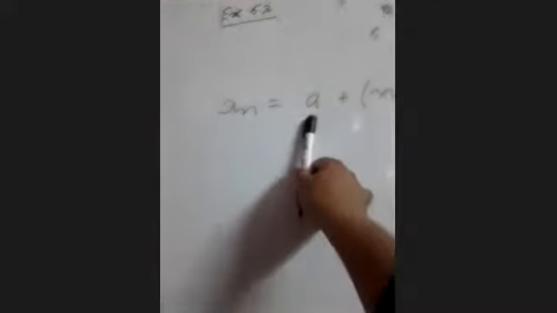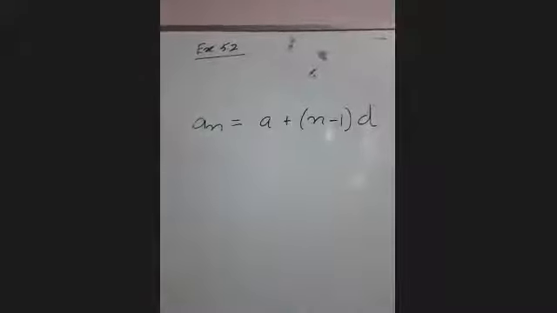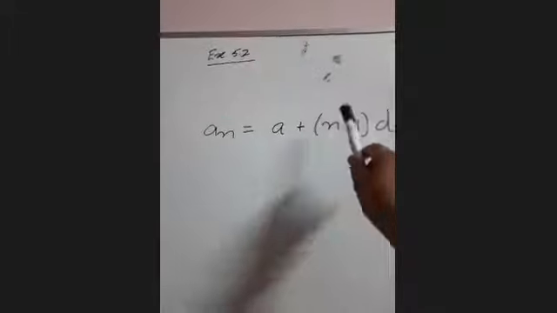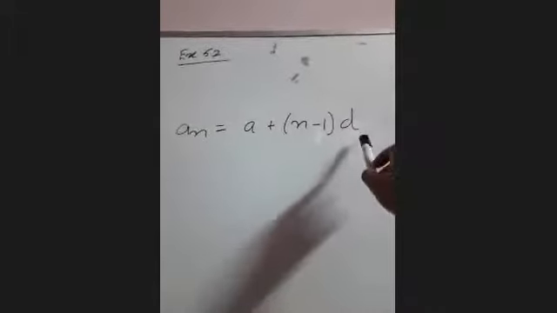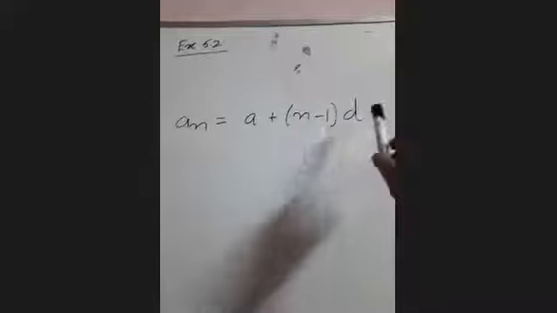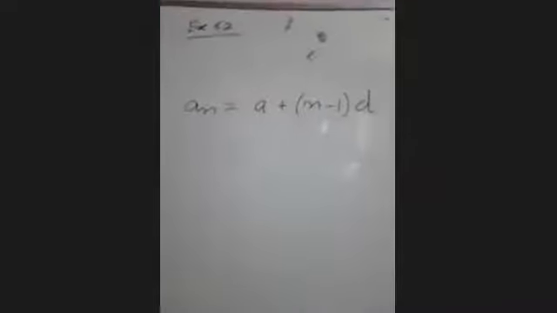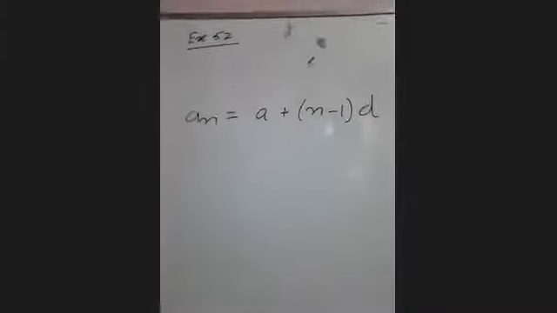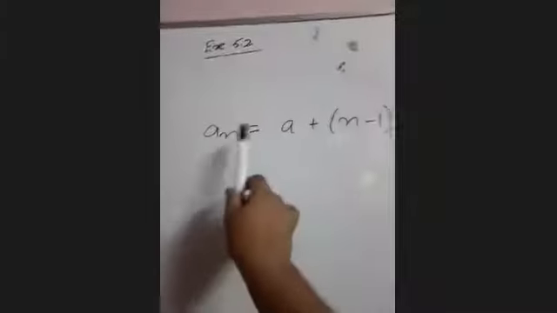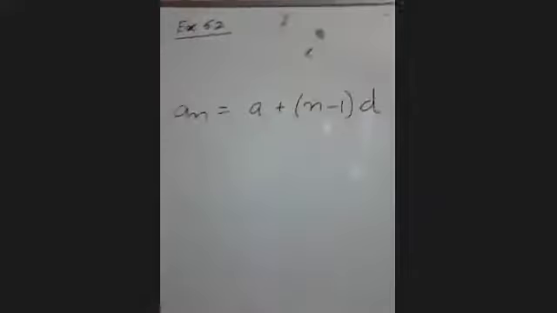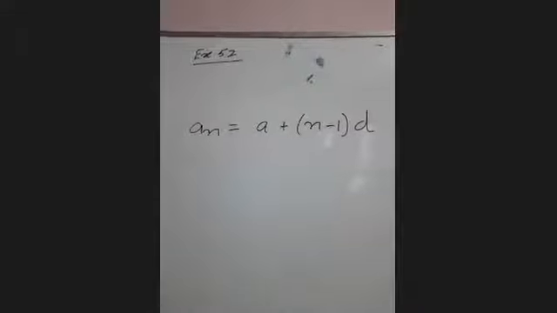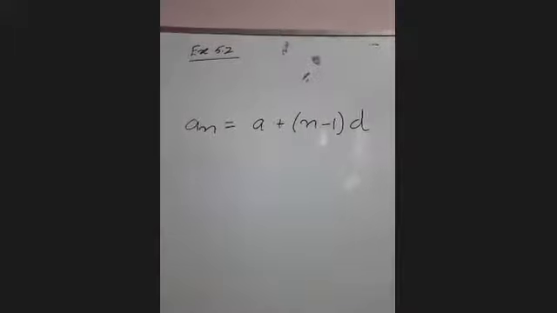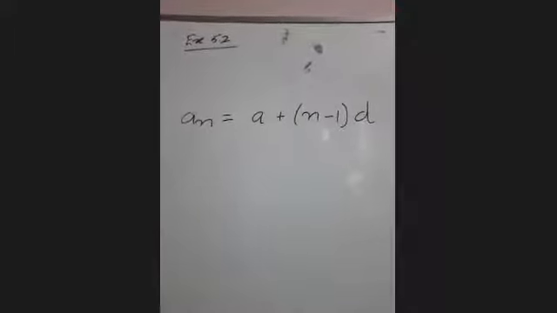Suppose we are not given a, then still we will use the same identity. If we are not given n, we will use the same identity. If we are not given d, still the same identity will work. There are 4 values: an, a, n, and d, and you will be asked to find one missing term.